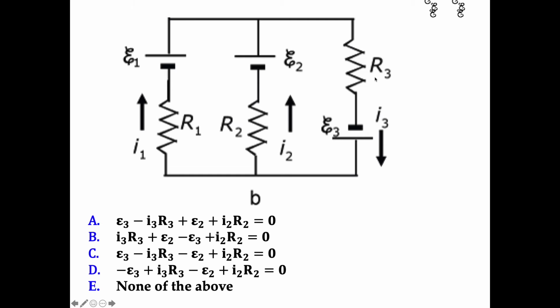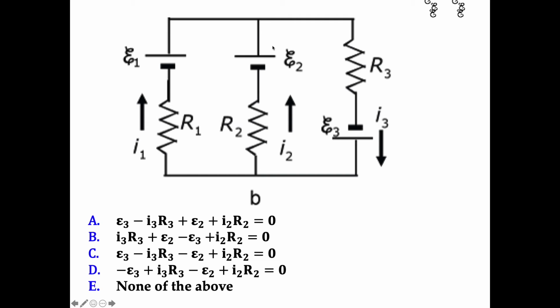So based on the first two that I've gone through, you can already see the answer, right? Which answer is it? Well, it's got to be D, because going counterclockwise through the battery, I have a voltage drop, minus E3. I go through R3, but I'm going against the direction of the current. That means the voltage increases. That's plus I3R3.